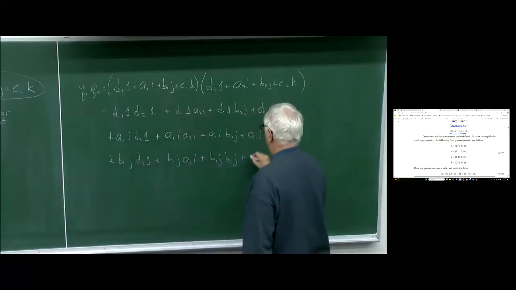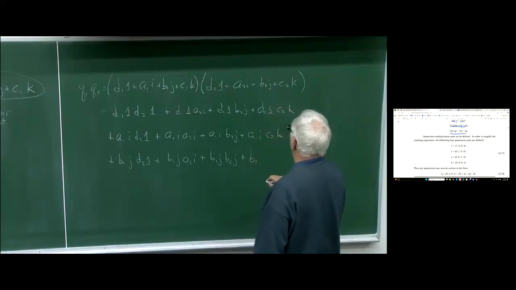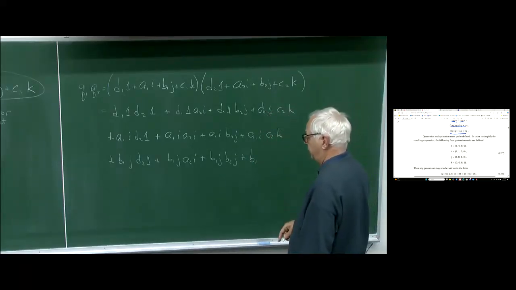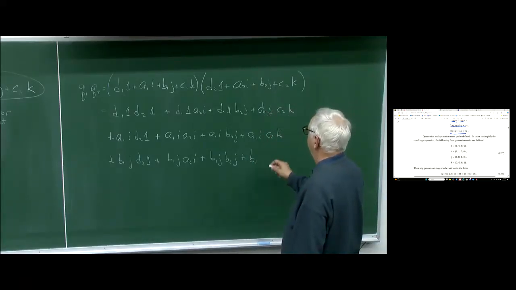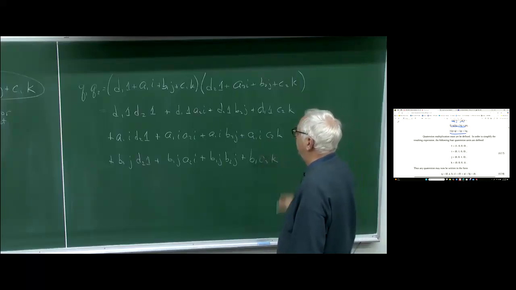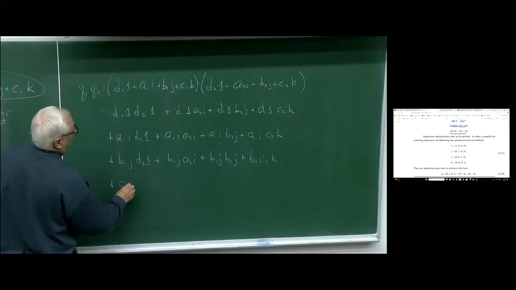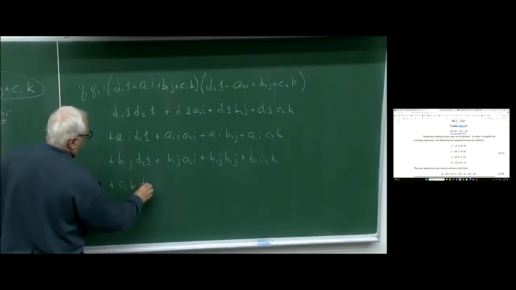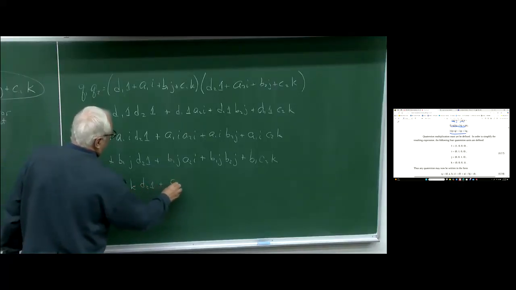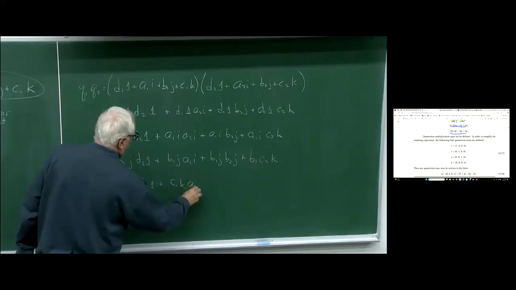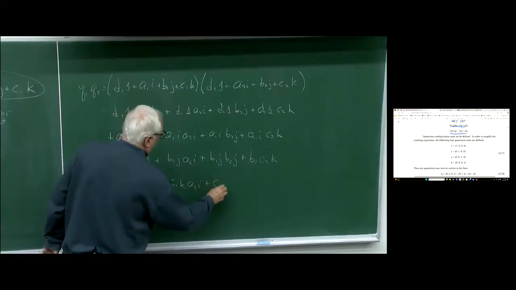Let's see. Yeah, this is pretty tedious. I should have had this typed out in PowerPoint, then I wouldn't have to write it on the board. B1, C2k, and I guess we got one more term, so we're almost there. C1 times k times that, C1k times that.